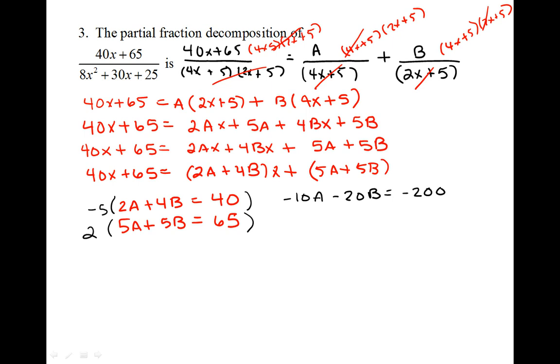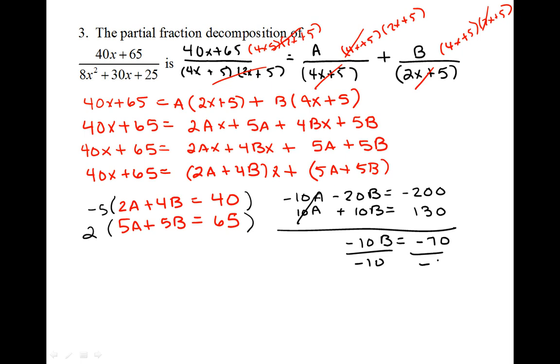And on the bottom I get 10A plus 10B equals 130. Those cancel. I get -10B equals -70. Dividing both sides by -10, B is equal to 7.